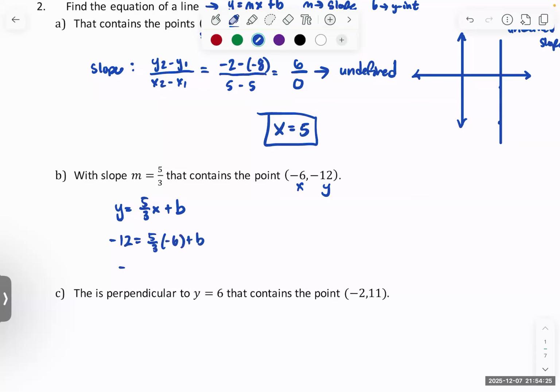So we have -12 equals 5/3 times -6 is -30 over 3, which is -10 plus b. Add 10 to both sides, and you get b equals -2. So your final answer is y equals 5 over 3x minus 2.